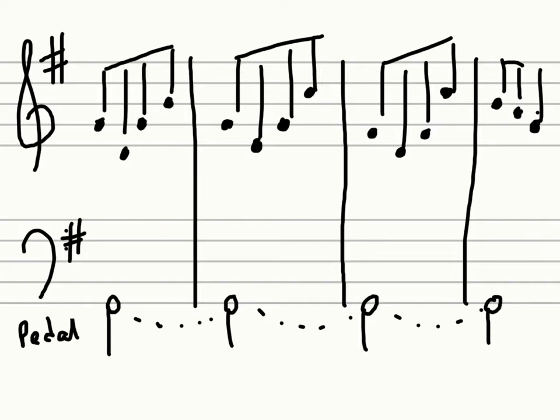In this example in G, the G is going to stay in the bass while the chord changes over it. This would be a 1 chord up above, a 4 chord, a 5/7, and a 1.